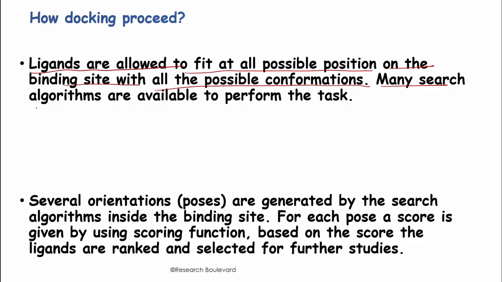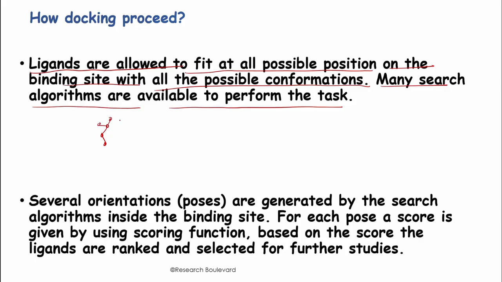Okay, let's say we have a molecule here, a small molecule, that we are going to see for how it can bind to an active site pocket. So here is our active site pocket, let's say.